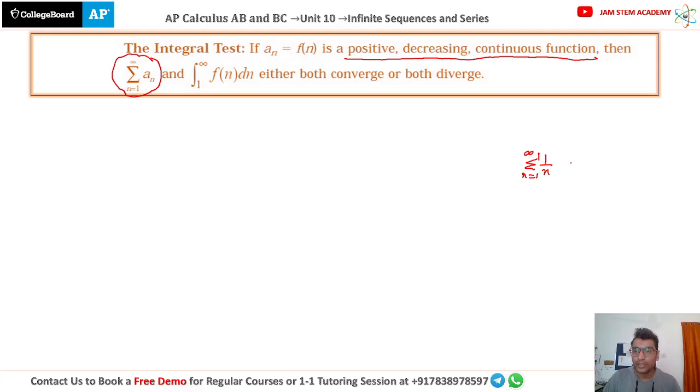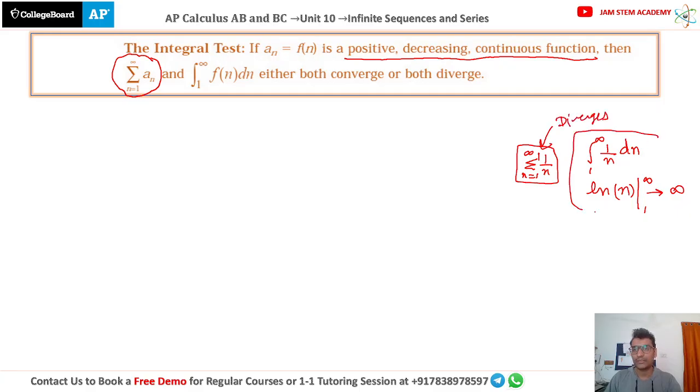So this will behave the same as the integral from 1 to infinity of 1 by n dn. What is the integration of 1 by n? Natural log of n, but the limits are 1 to infinity. Obviously n tends to infinity makes it divergent, because this whole value tends towards plus infinity. So in this way, we can say this also diverges.